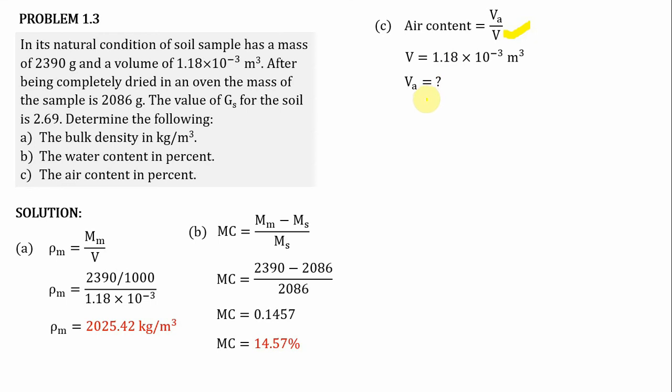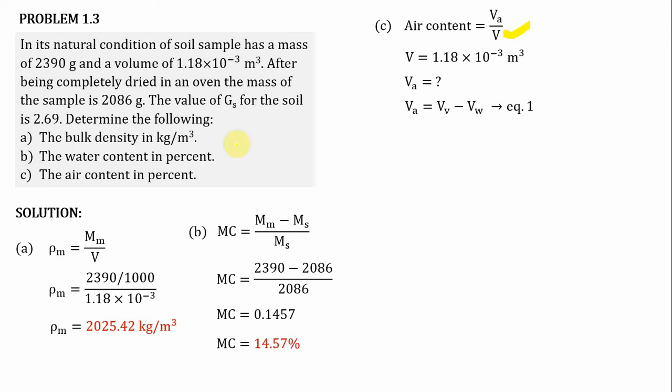Okay, paano solvin to? We know that the volume of air is equal to the volume of voids minus volume of water. Diba, ang volume of voids is composed ng dalawa. Take note, ang volume of water and the volume of air. That represents the volume of voids.